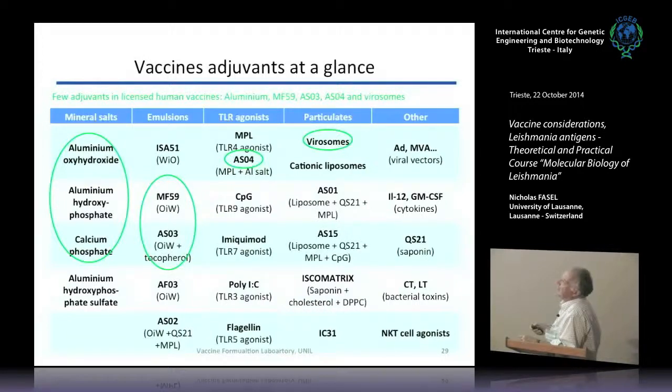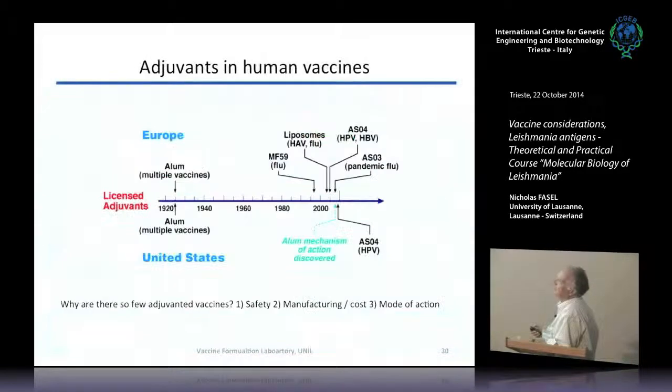And then you have MPL, which is LPS-like, a fraction of a muramyl dipeptide. I never remember. AS04 and virosomes. These are the ones which are these days licensed to be used in humans.